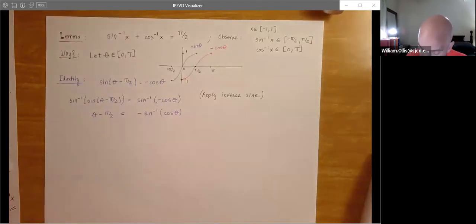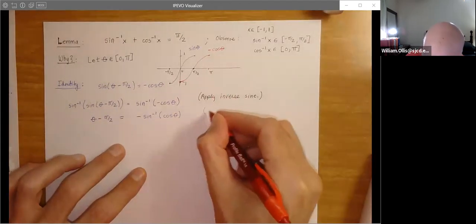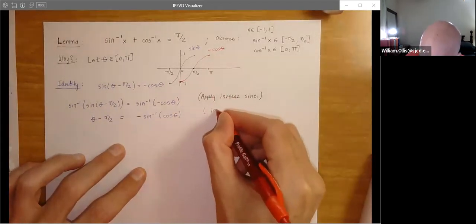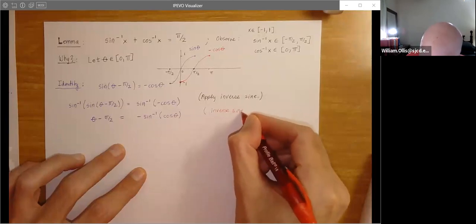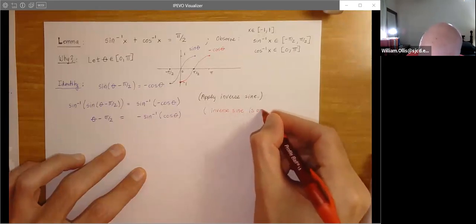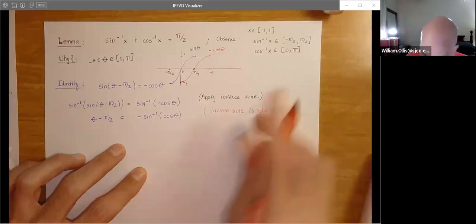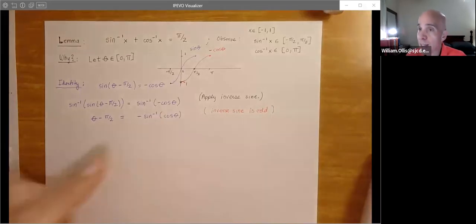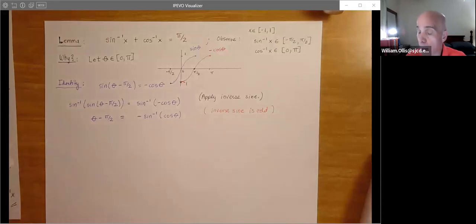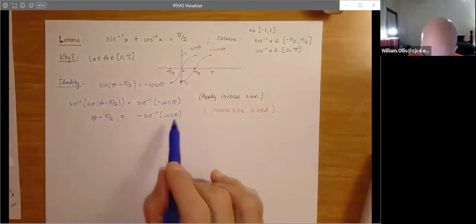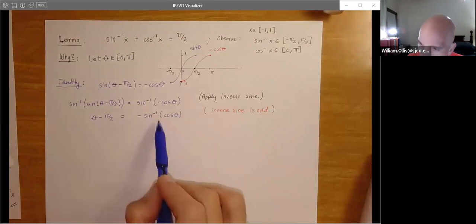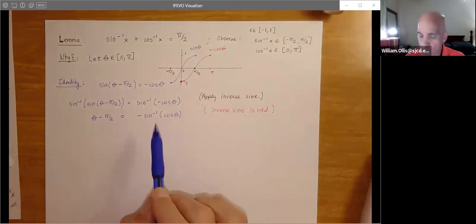So I'm going to write over here in red, inverse sine is odd. So that means the negative will factor, just like the standard sine function is odd. Okay, now we look at this and say, we've made a big stride forward.